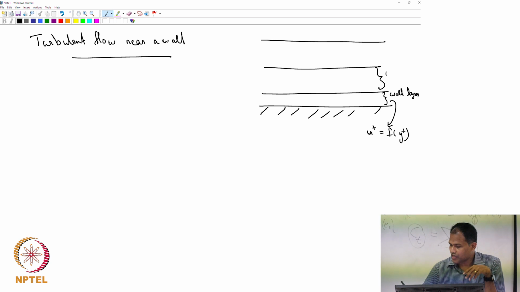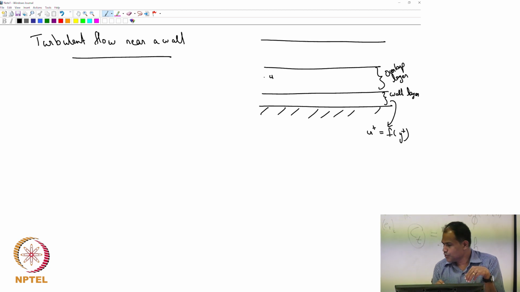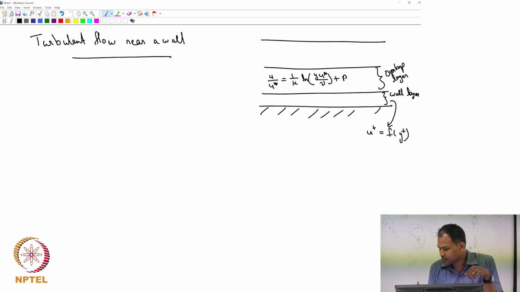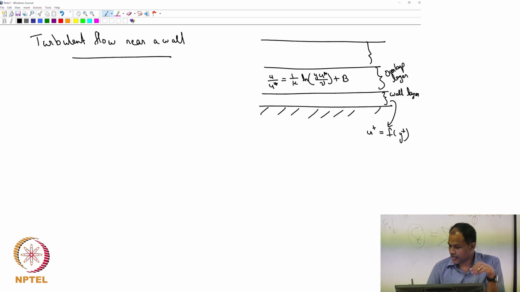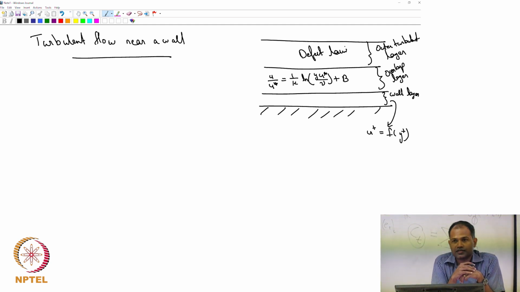Then we had the overlap layer, where we wrote down a logarithmic law, u by u star is equal to 1 over k ln y u star by nu plus b. And then we had an outer turbulent layer, where we wrote down a defect law. So that's essentially what we did in the last class.